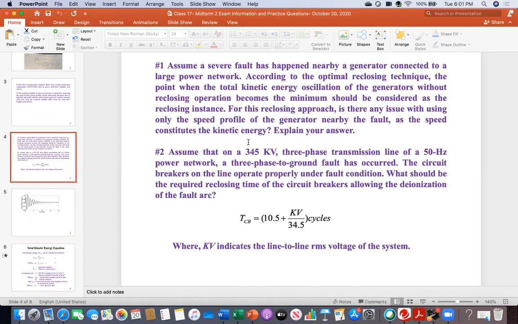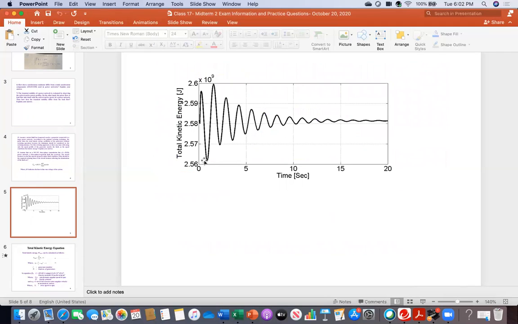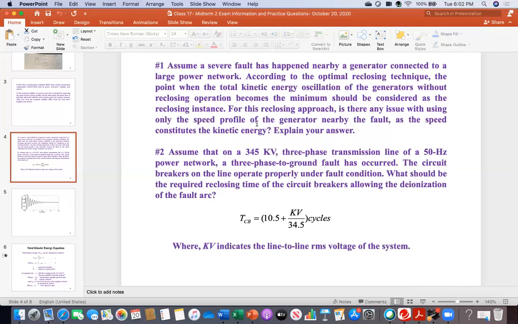Is there any issue with using only the speed profile of the generator nearby the fault? I am emphasizing, because the fault happened nearby a particular generator. What is the issue if I take the speed profile of that specific generator, plot it this way, and try to get the minimum? Will it not give the same level of stability? What is the issue? What do you think?